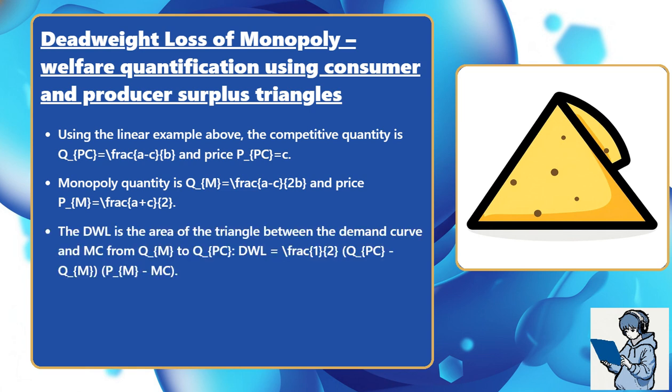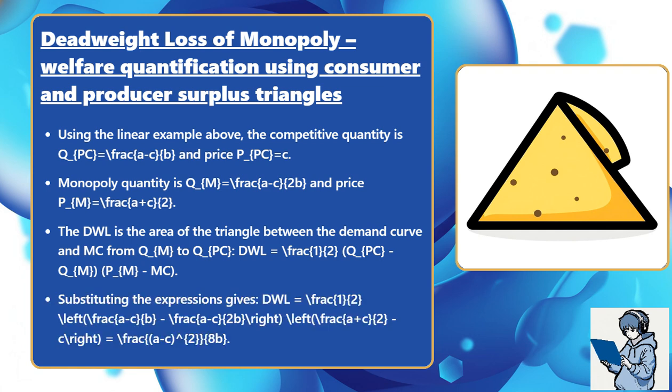The deadweight loss is the area of the triangle between the demand curve and marginal cost from Q_M to Q_PC. DWL = 1/2 × (Q_PC - Q_M) × (P_M - MC).